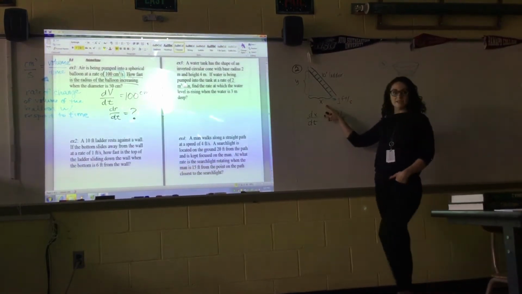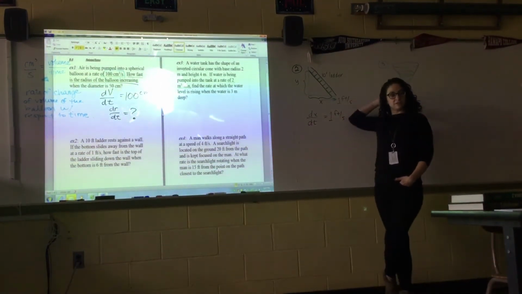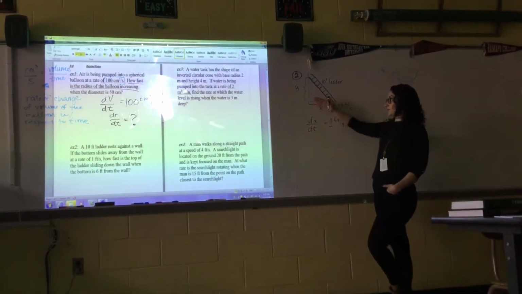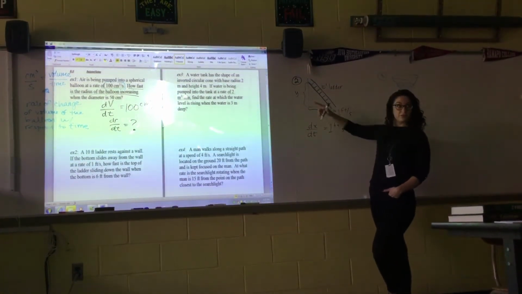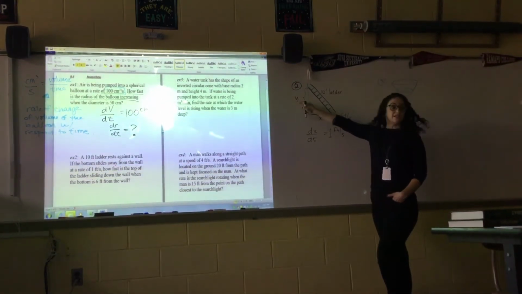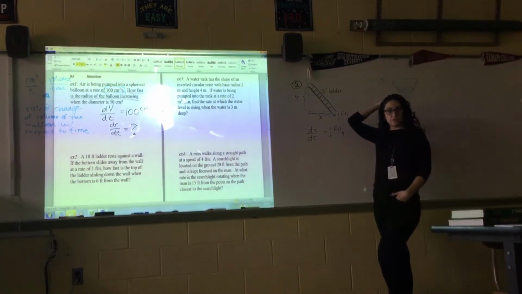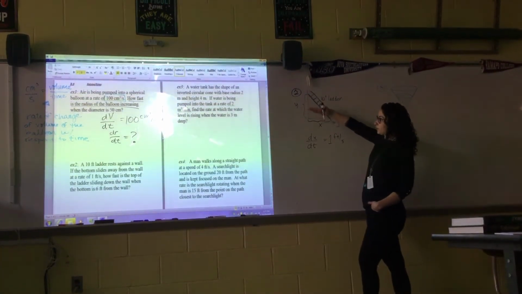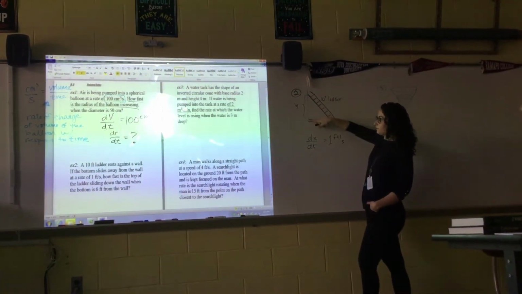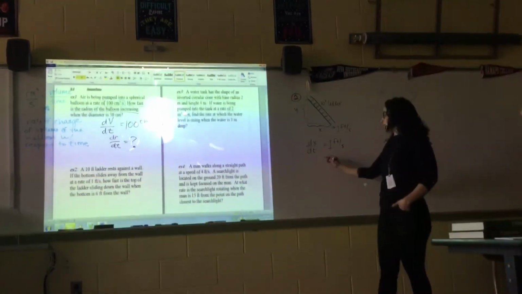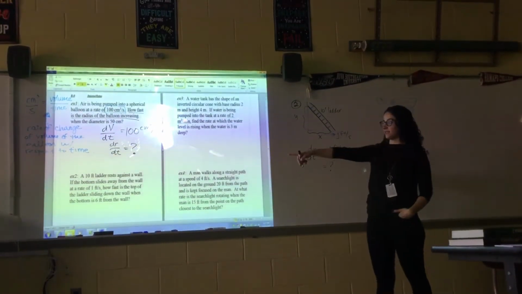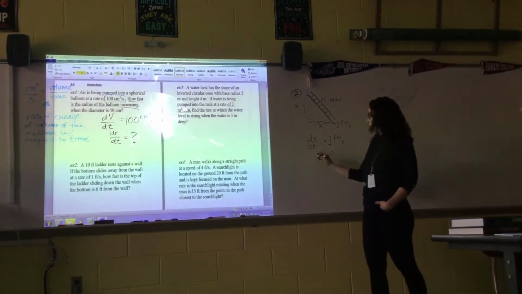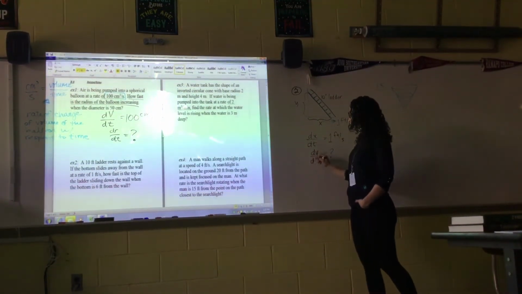Is the value of x going to increase or decrease as my ladder falls? The value of x is going to increase. The base of the ladder is going to move further and further from the wall. Is my y value going to increase or decrease? Decrease, because the top of the ladder is sliding towards the floor, so the distance from top to floor is going to decrease. What's my unknown when I ask how fast the top of the ladder is sliding down the wall? dy over dt, the rate of change of that y value with respect to time.